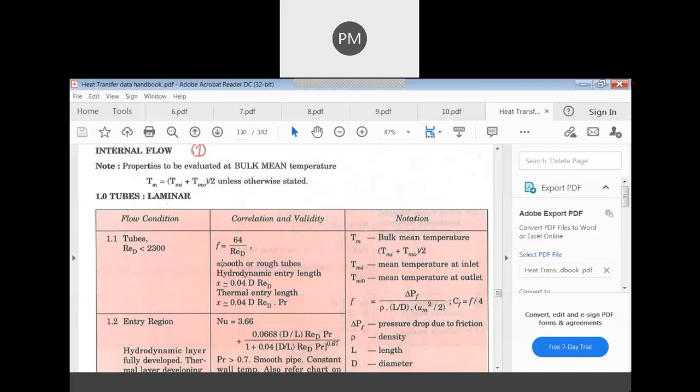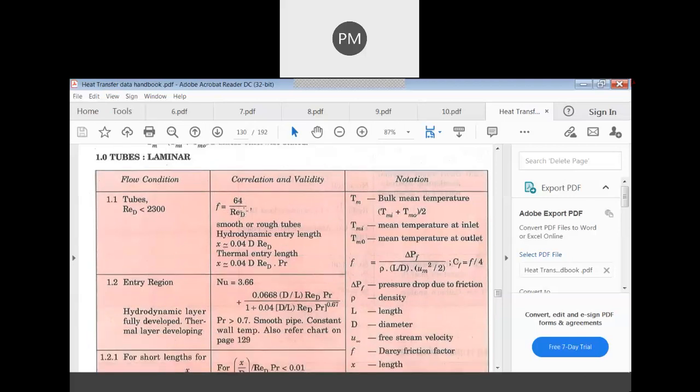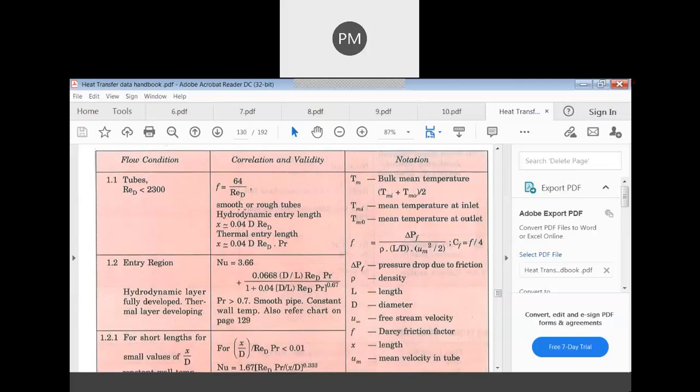At that time, you require this friction factor. It is given by 64 divided by Reynolds number, based on diameter. If it is a circular tube, we are going to find the Reynolds number using the diameter, because rho V d by mu represents Reynolds number.